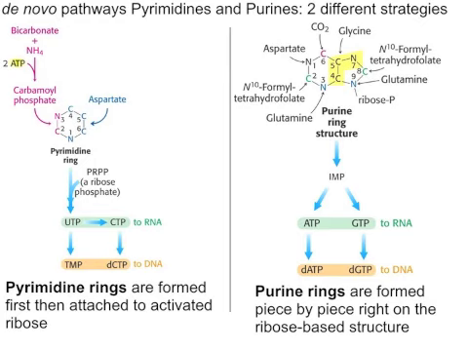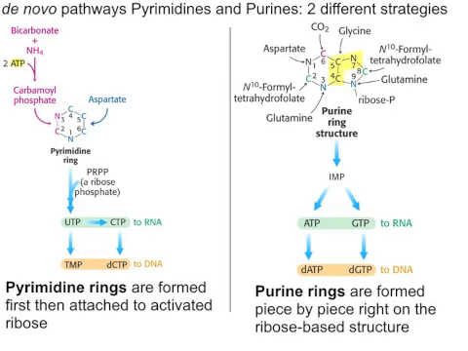Then UTP is used to make TMP, and CTP is used to make dCTP. These are both deoxyribonucleotides, and so what we do first is we make the base first, we attach it to PRPP, and then we make ribonucleotides. We use the ribonucleotides as substrates to make deoxyribonucleotides.